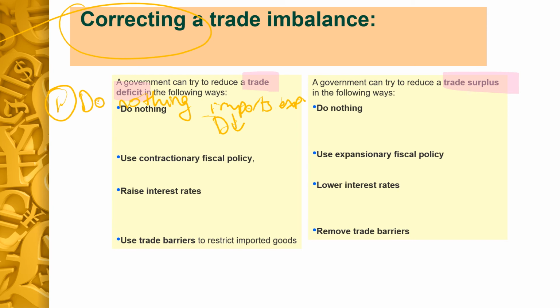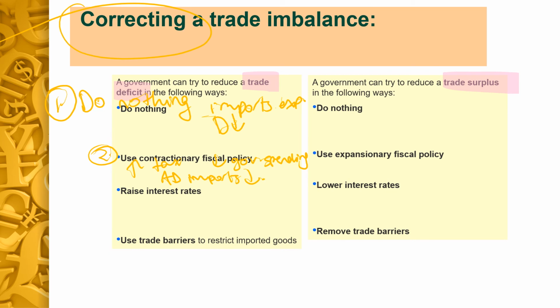The second one would be to use a contractionary fiscal policy. How? It is by either increasing taxes and cutting down public spending, so government spending, and this will reduce the total demand, so the aggregate demand for imports will be less.